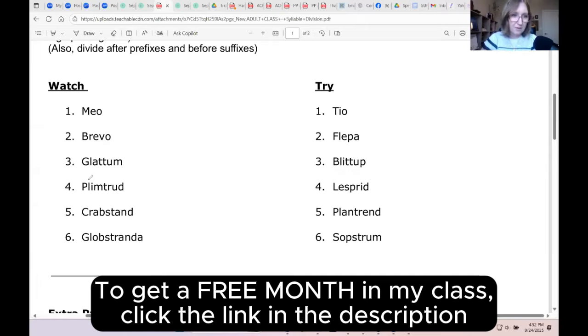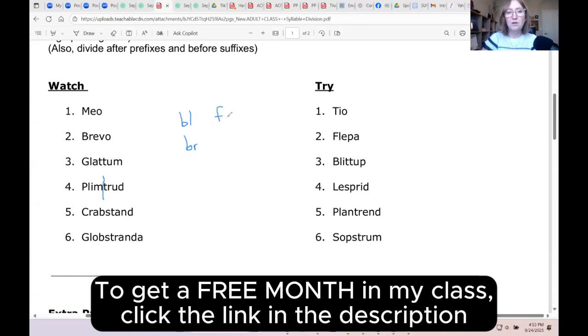Okay, number 4. We have vowel, consonant, consonant, consonant, vowel. So I'm going to divide it right here. The first consonant goes to the front. Look at this. It keeps the blend together. Blends are anything that has a consonant and then an L or an R, basically.